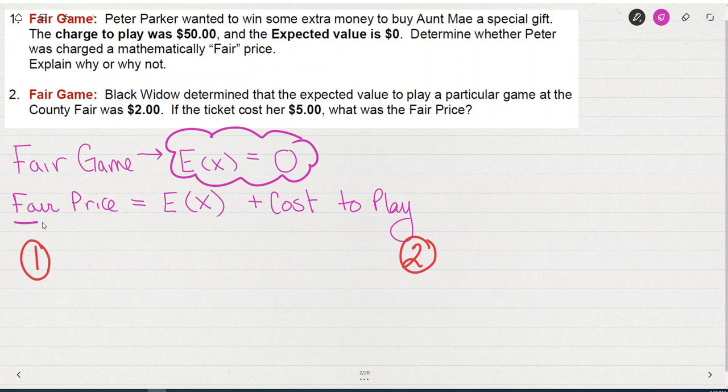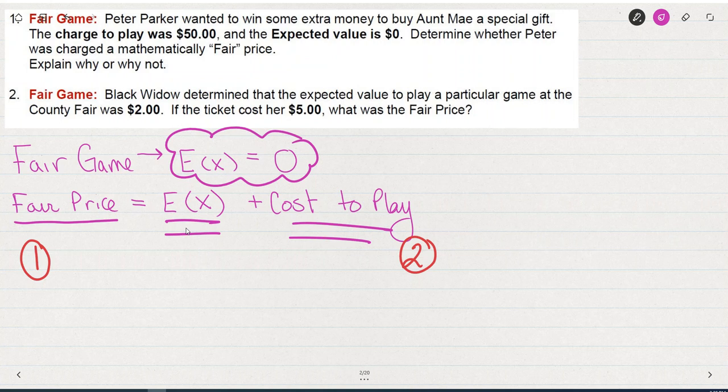the fair price is going to be equal to the expected value plus the cost to play. So if you are given a cost to play and you have the expected value, you could calculate what they should have charged to make it a fair game.